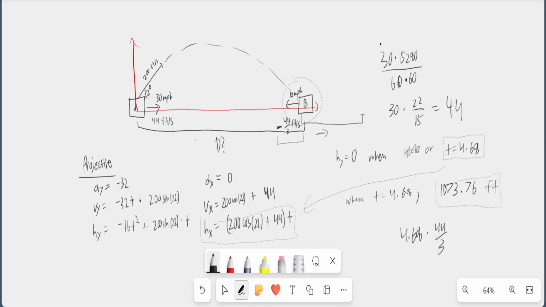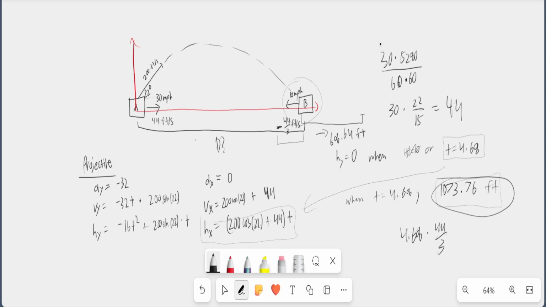So 4.68 times 44 over 3. That means this car needs to be back from the impact spot 68.64 feet plus the distance from the origin to the impact, which is this. So if we add those two, we should get the answer.